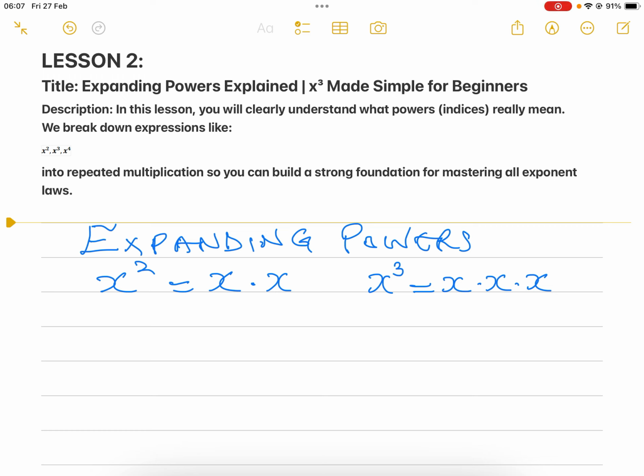Remember, the index tells us how many times the base repeats. When you have x raised to power 2, the 2 on top is the index and the x is the base.